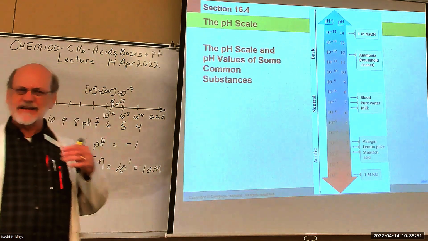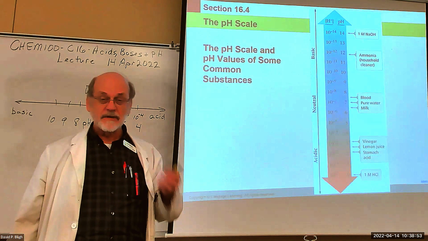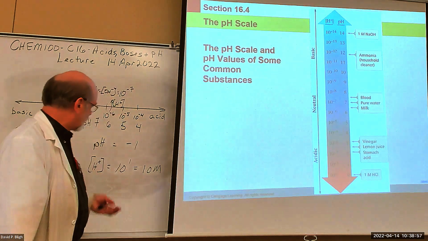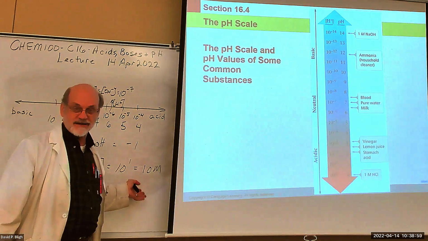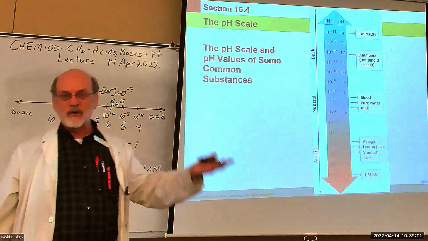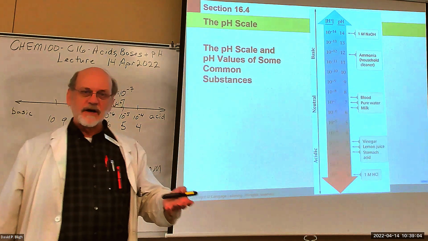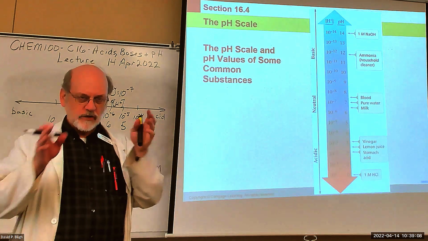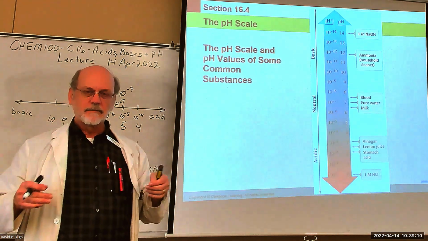Now, that doesn't have much of a practical application for 2 reasons. One is, if you've got that high concentration, then you might as well use molarity. But Sorensen, who invented this thing, was looking at living systems.